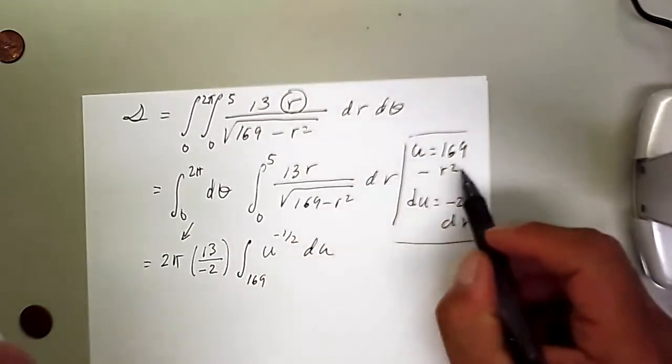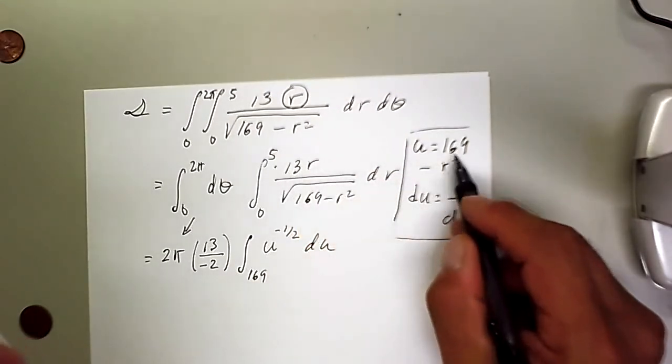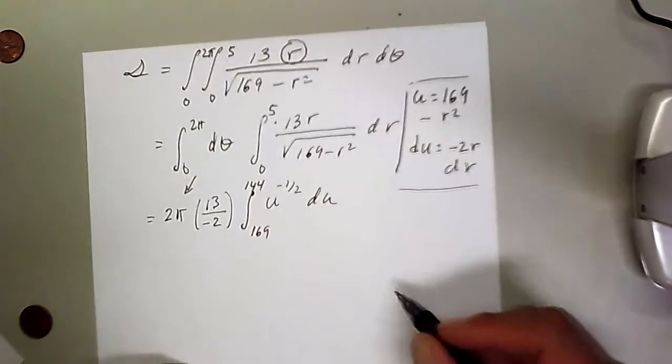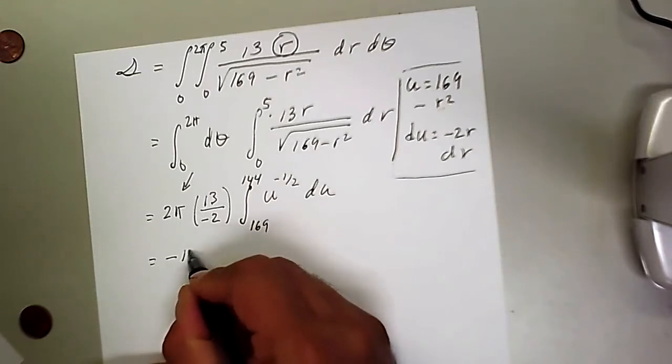When r is 5, we're subtracting 25, so we have the upper limit of 144. The 2 simplify, so we have -13 pi.